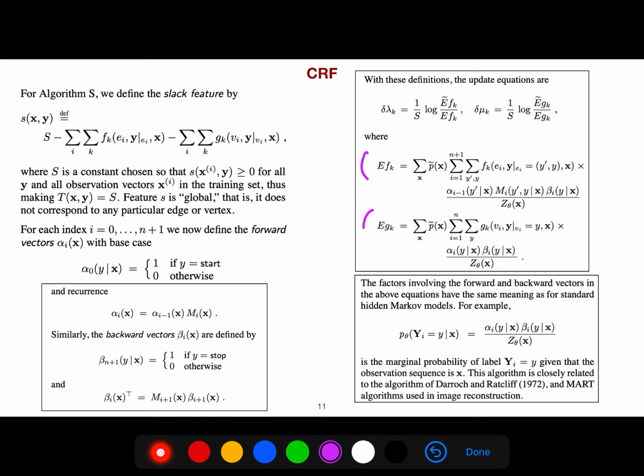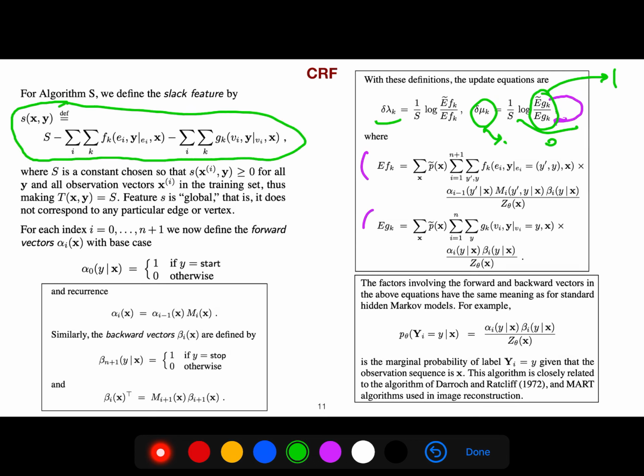We want this to be very close to the empirical expectation, so that this ratio goes to 1 and the log of 1 is 0, so delta mu k converges to 0, so mu k converges to something. The same thing for lambda k. These are the same thing but with different terminology. For example, he introduced that slack variable, slack features.